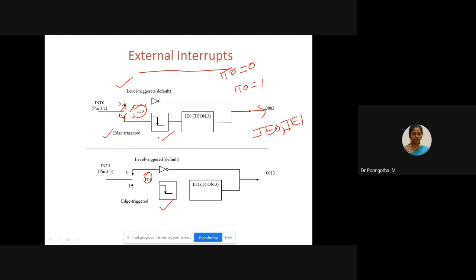In other words, if IT0 and IT1 are 0, the hardware interrupts are low level triggered. In that case, when the signal is low level triggered, IE0 and IE1 are not used at all. This is IE0 and this is IE1.